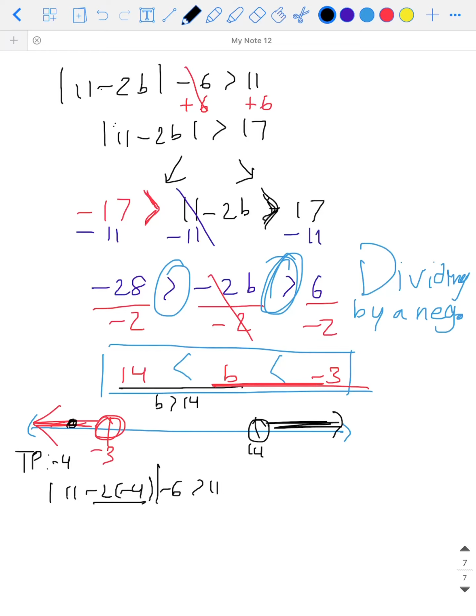Negative 2 times negative 4 is 8, positive. 11 plus 8 is 19. Absolute value of 19 is 19. 19 minus 6 is 13. And 13 is greater than 11.